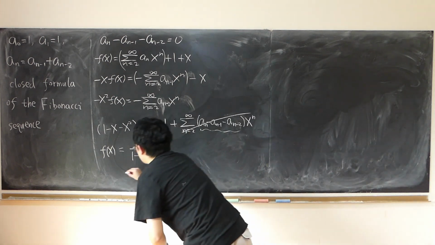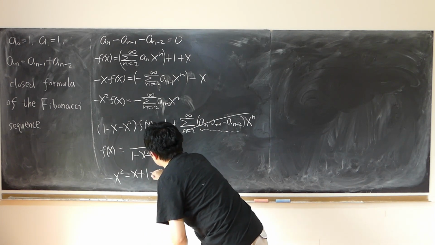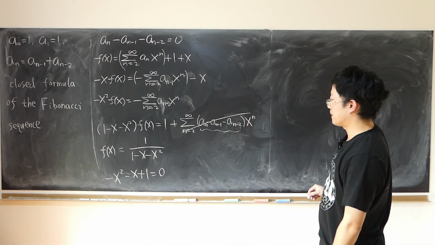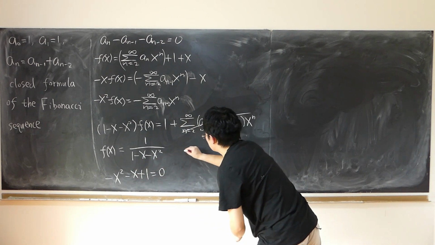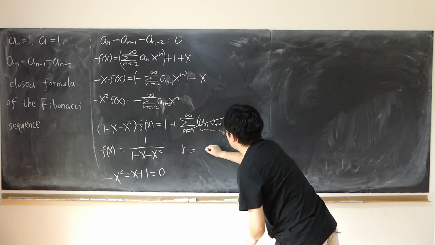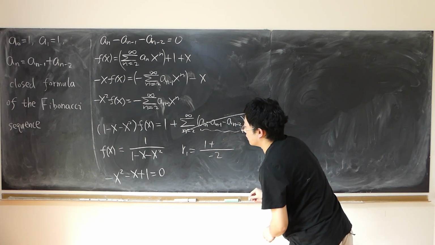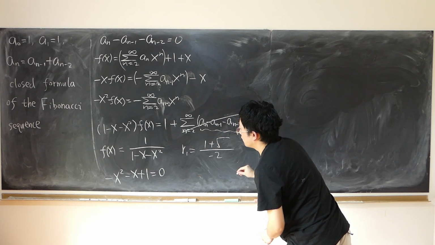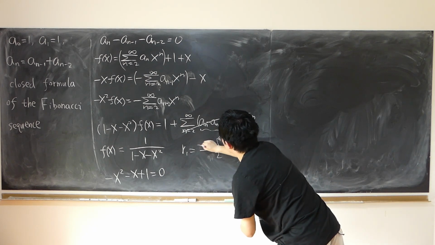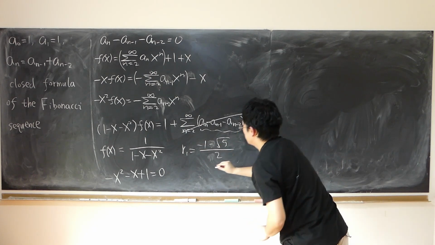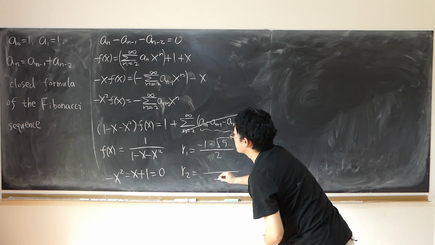Now, if I just look at this quadratic equation, minus x squared minus x plus 1 equal to 0, this is the denominator. First root: negative 1 plus square root of 5, over 2. I distribute the negative sign. Second root, likewise: negative 1 minus square root of 5, over 2.